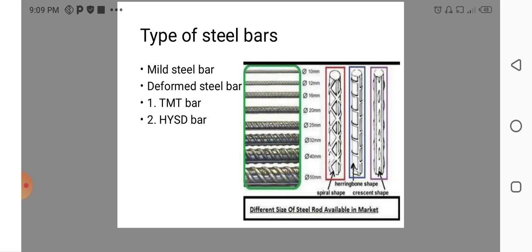Deformed steel bar is characterized into two types: TMT bar, thermomechanically treated bar, and the second one is high yield strength deformed bar. Here you can see in the figure different sizes of steel rods available in the market.